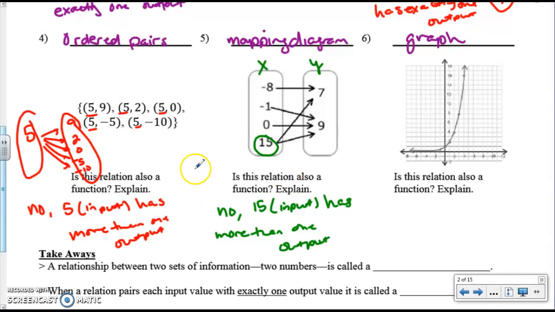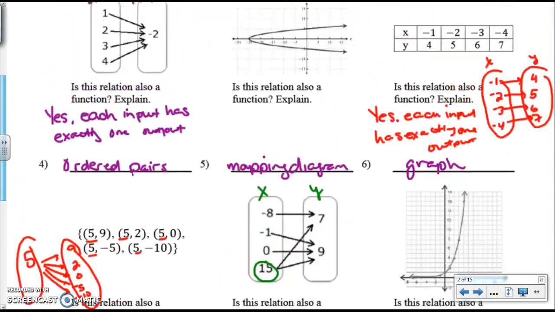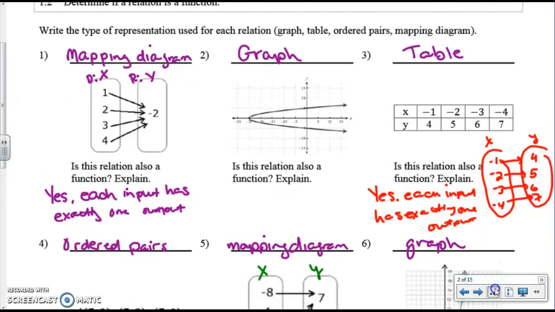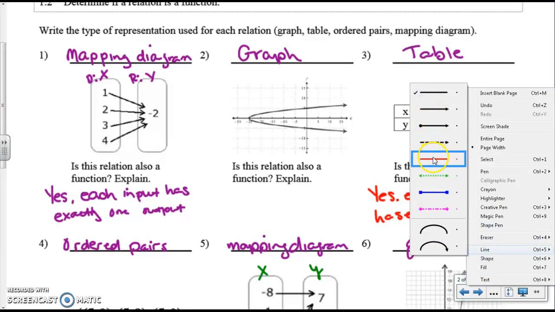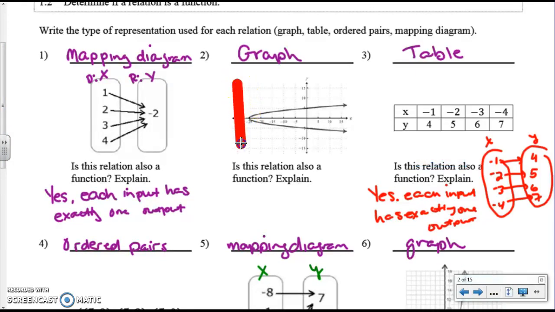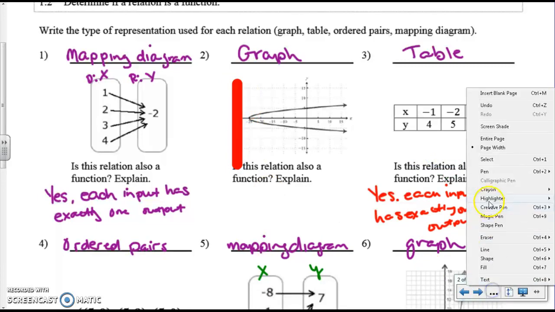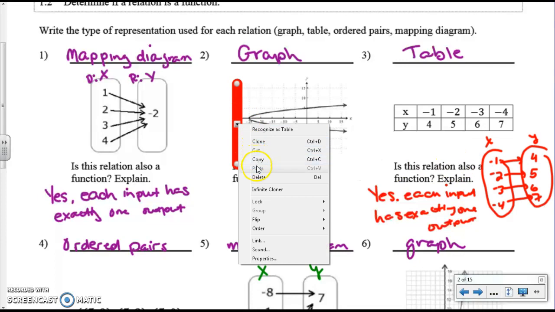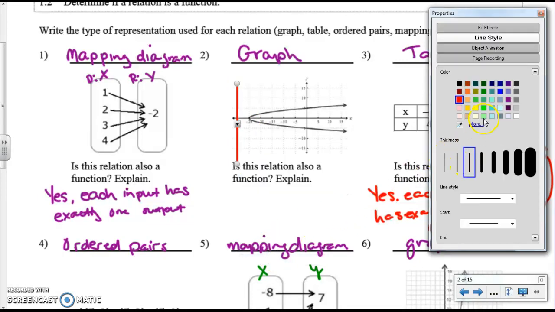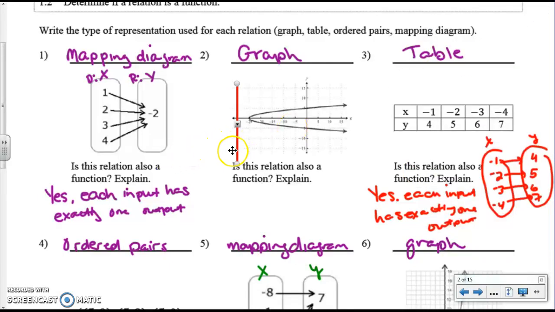For the graphs, we're going to do something called the vertical line test. And what that entails is taking a vertical line. So I'm going to go ahead and draw a red vertical line here. Maybe not quite that big, so let's fix that. Okay, and if you have a graph, you can take a vertical line and drag it across the graph.